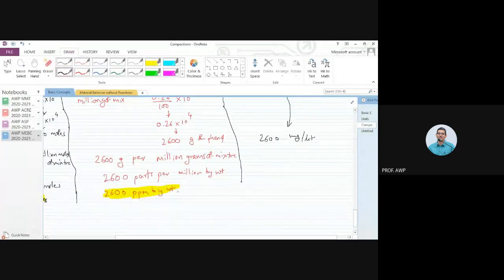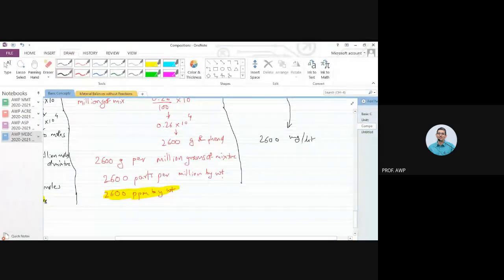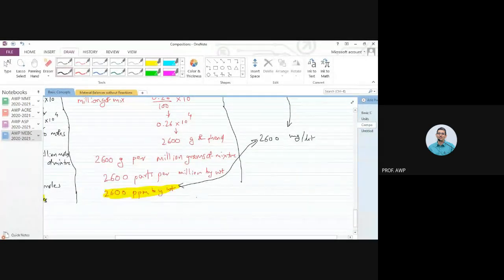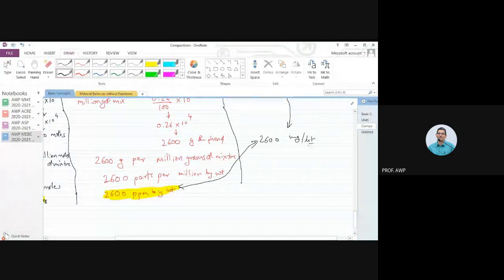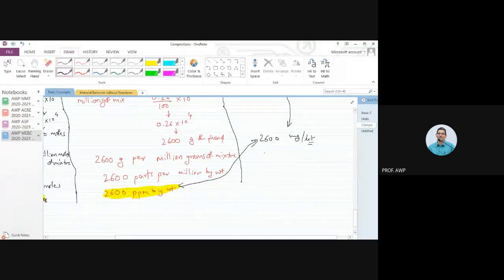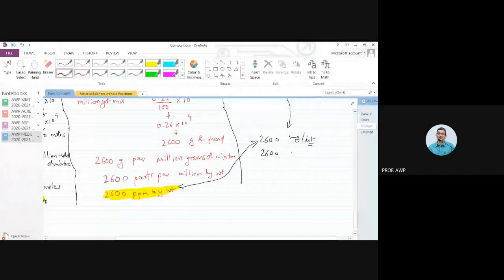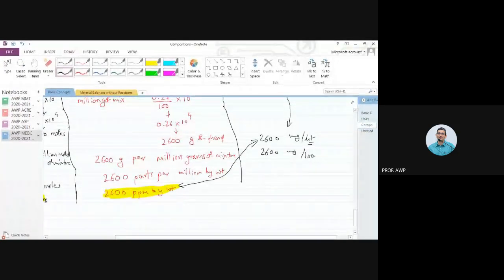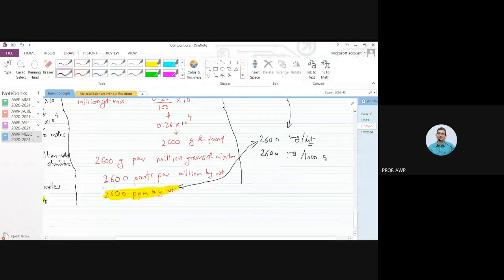Right? So that is the same as milligrams. That is something similar, 2600 ppm by weight. Why? Because our density is 1 gram per cc. So this is the same as 2600 milligrams per 1000 ml, if you like, or 1000 grams. Isn't it? That's why you get the same 2600 ppm by weight.